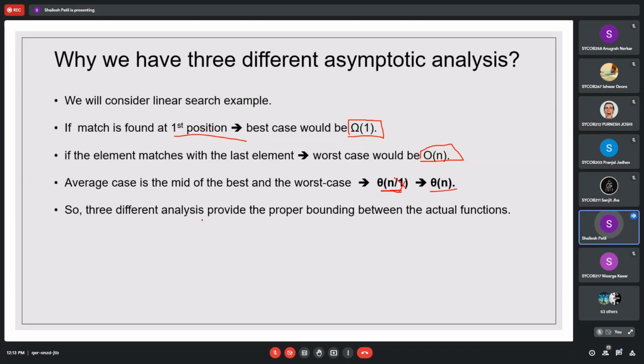These three analyses provide proper bounding of the actual function. So we can say which program is executing well: if its worst case complexity, big O of n, is less than that of the other algorithm, we are interested in that one. But still, we are working on these three asymptotic analyses.